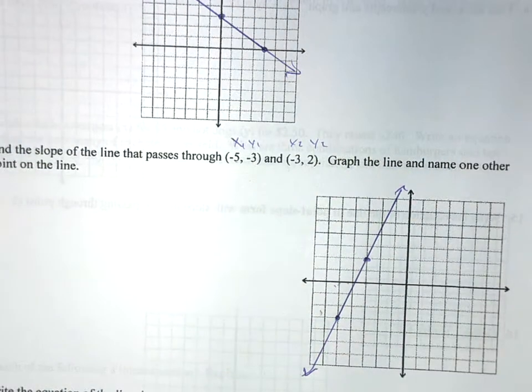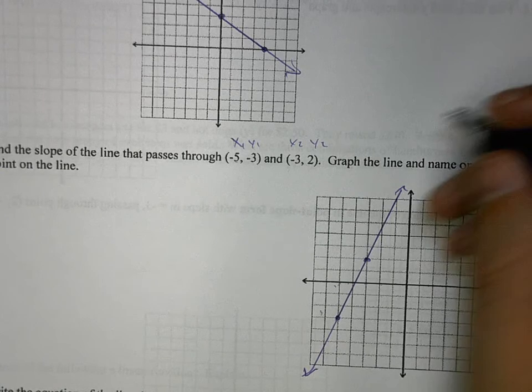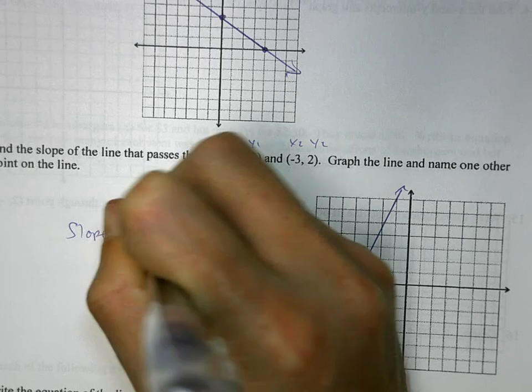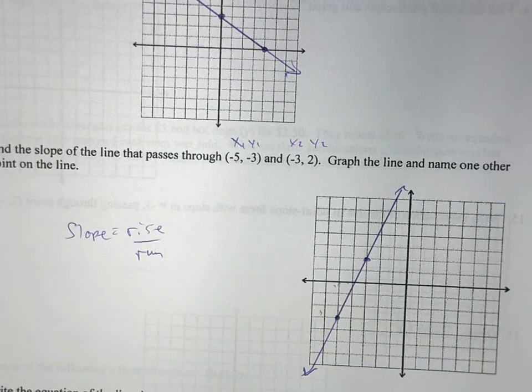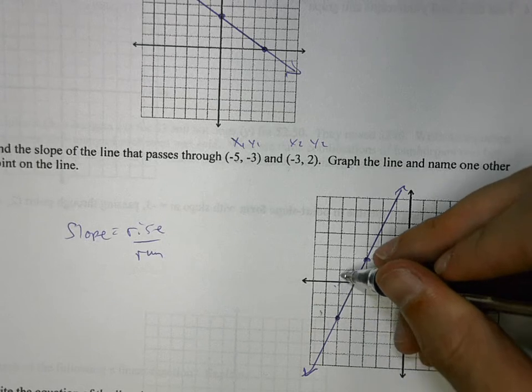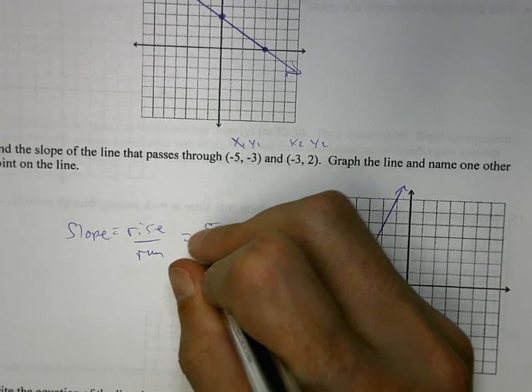Okay. So when you graph it, you can find the slope, because slope is also equal to rise over run. So from this point to this point, it's rise 1, 2, 3, 4, 5, run 2. Your slope is 5 over 2.